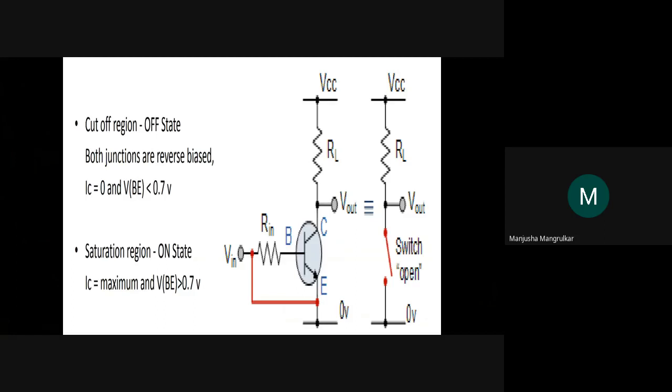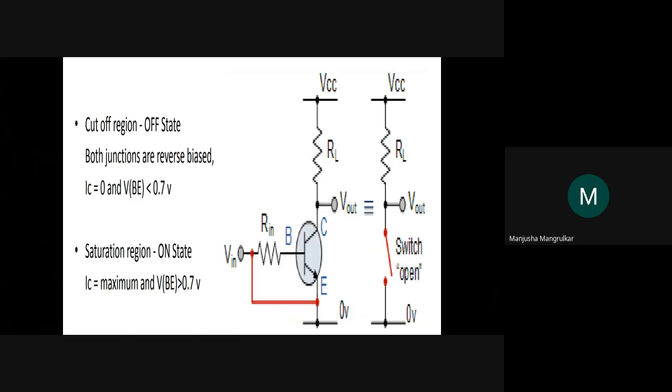In this slide we'll see the states of the transistor. In the cut-off region, the transistor is open, not a short circuit. The transistor acts as a switch, open or closed. When the transistor is in the cut-off region, IC current is 0 and VBE, the voltage between base and emitter, is less than 0.7.